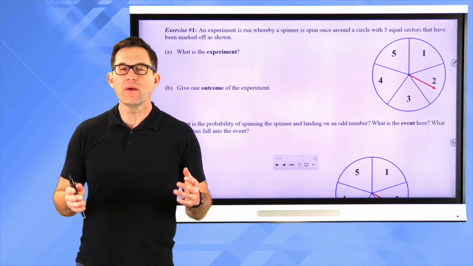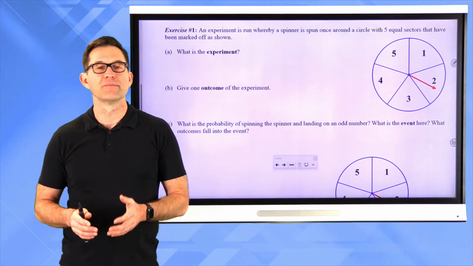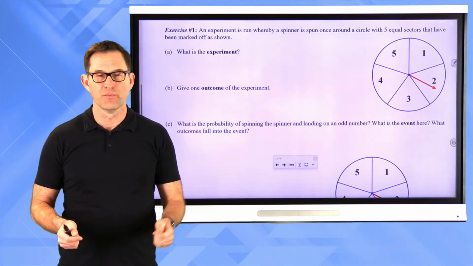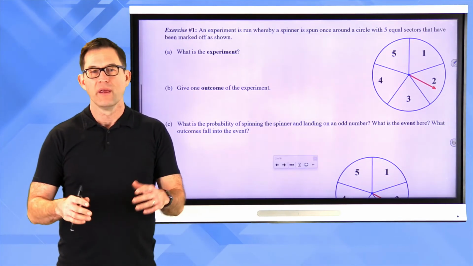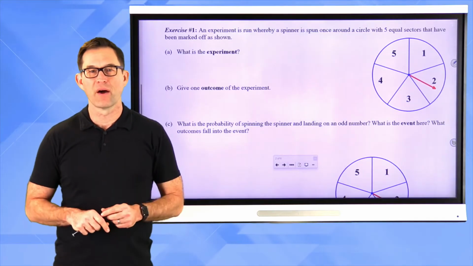And again, we oftentimes think of experiment in terms of science, right? Oh, I'm going to put one chemical and another chemical into a beaker and see what compound I get.